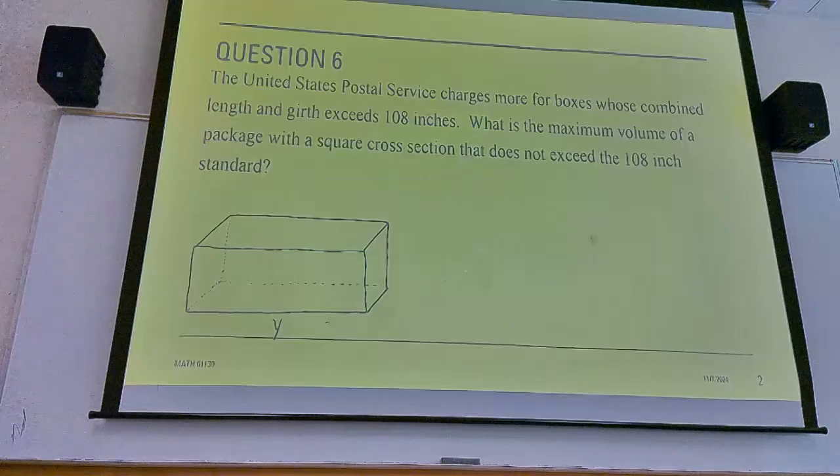Let's call that Y. Square cross sections means both the depth and the height will be the same value. Call it X. What are we trying to find the maximum of?